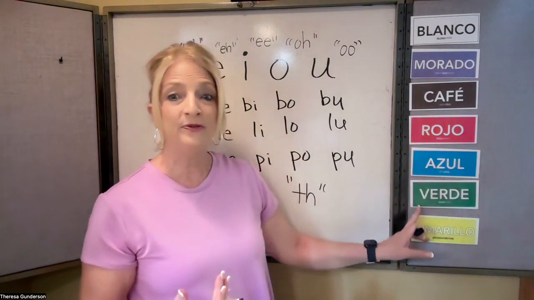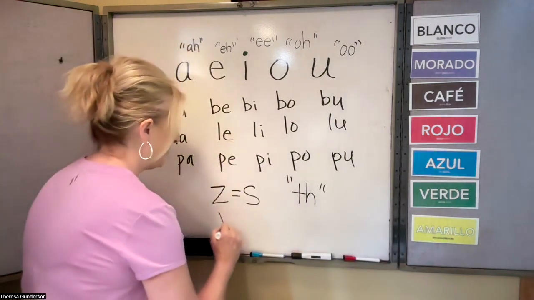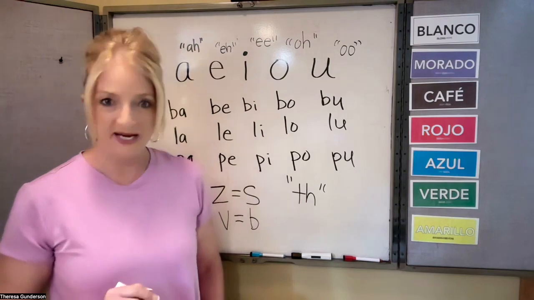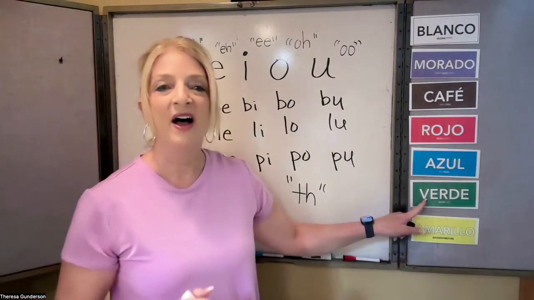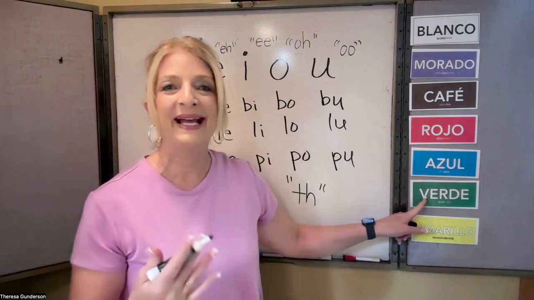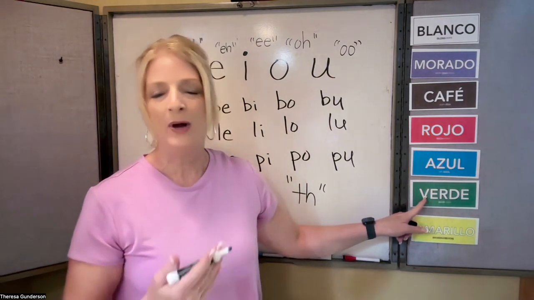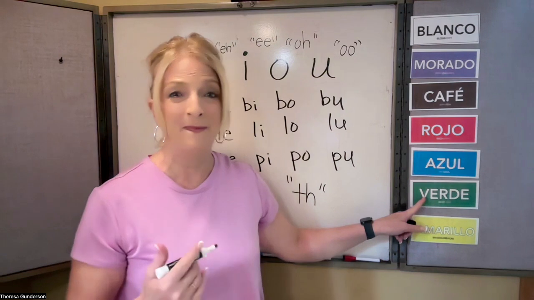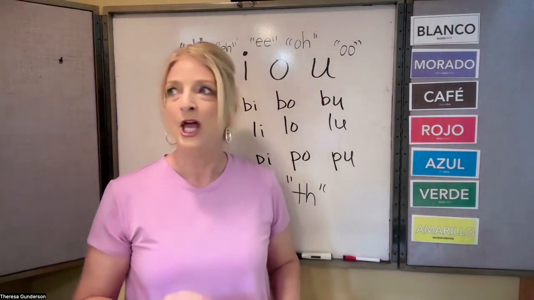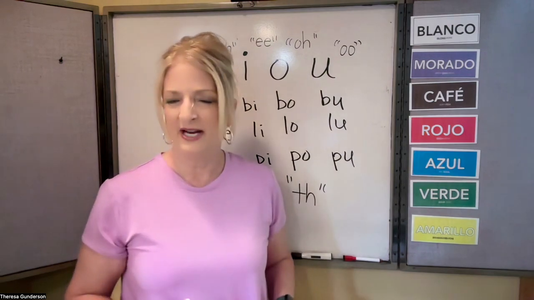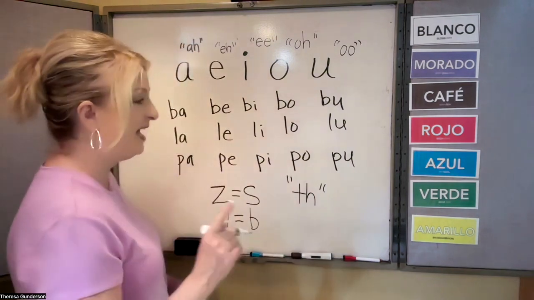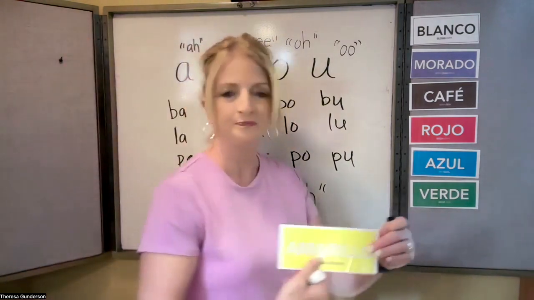Okay. Now the V in Spanish is pronounced always like a B. So instead of watch my lips, verde, like in English, you would say berde. Now, again, if you forget and you say verde, like in English, people are going to understand you. No worries at all. You might have just a little bit more of an accent, but that's okay. Accents are very beautiful. Okay, and then the last one, I know this is hard to see.